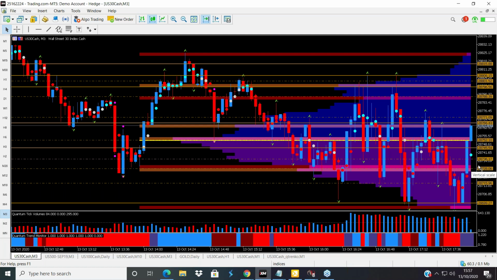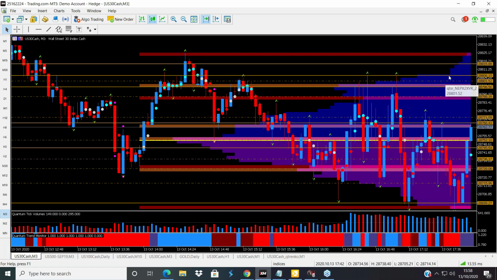But the longer it stays in a congestion, whether it's a non-volatile congestion or a volatile congestion, when the breakout comes, it is going to be very strong, because it's built up energy within it. As I said, this is the law of cause and effect. The longer the cause, which is the congestion, the greater the effect when that does finally break out.